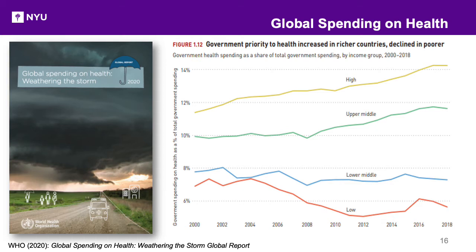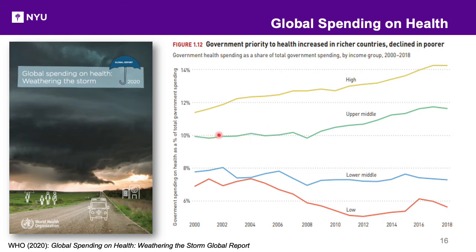Looking back at the data, what we can see is that when we look at government priority in terms of global spending on health, stratified by high, upper middle income, low middle income, and low income countries, from 2000 to 2018, based on the 2020 WHO report, Global Spending on Health, Weathering the Storm, we saw that for high income countries, spending continued to increase.